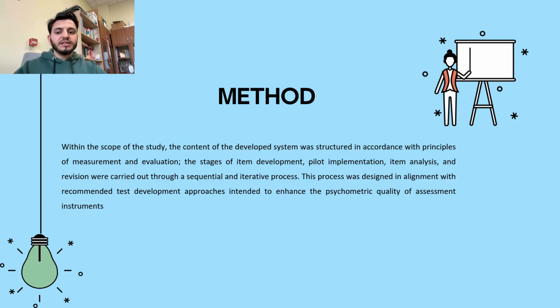Then problematic items were revised or removed, expert feedback was gathered, and finally the assessment system was integrated into the digital portal. So the method of the study reflects a systematic development cycle in which educational content, psychometric quality, and technical implementation were considered together.